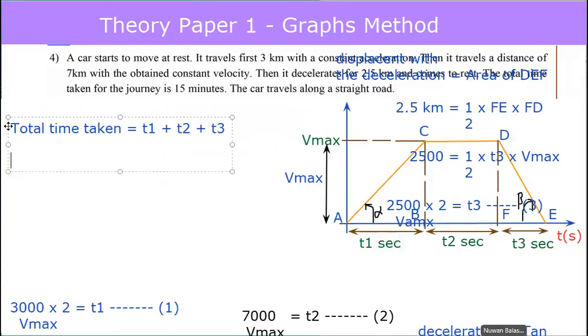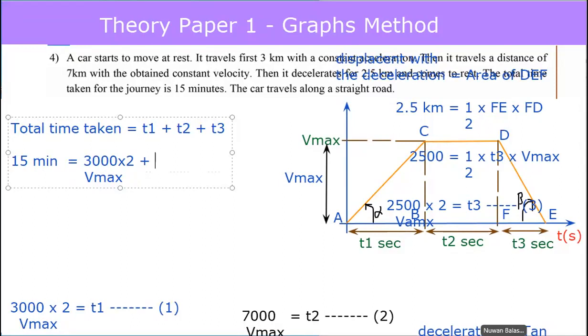For the three expressions, they have given total time as 15 minutes. We have to convert minutes into seconds because T1, T2, T3 is in seconds. T1 is 3000 times 2 divided by Vmax. Am I right? See, first equation, 3000 times 2 divided by Vmax is T1.